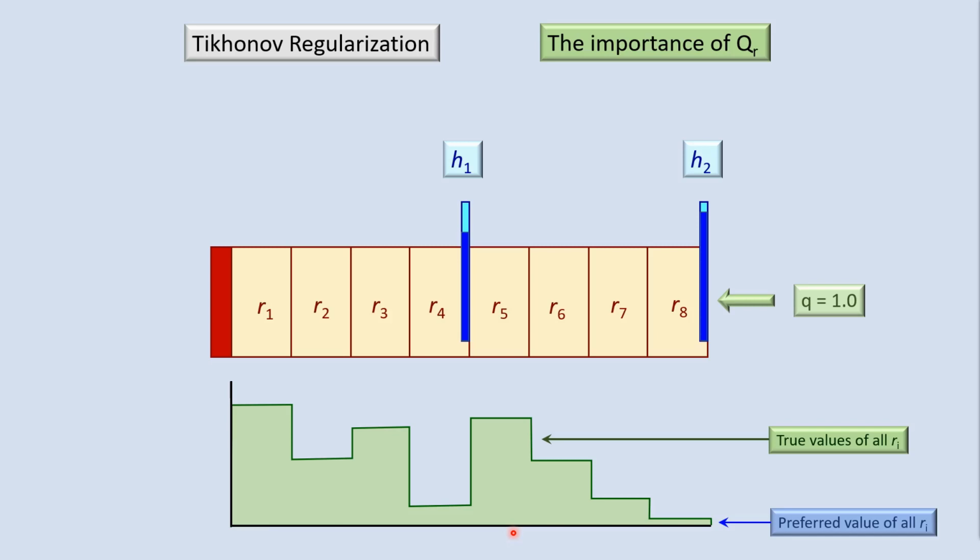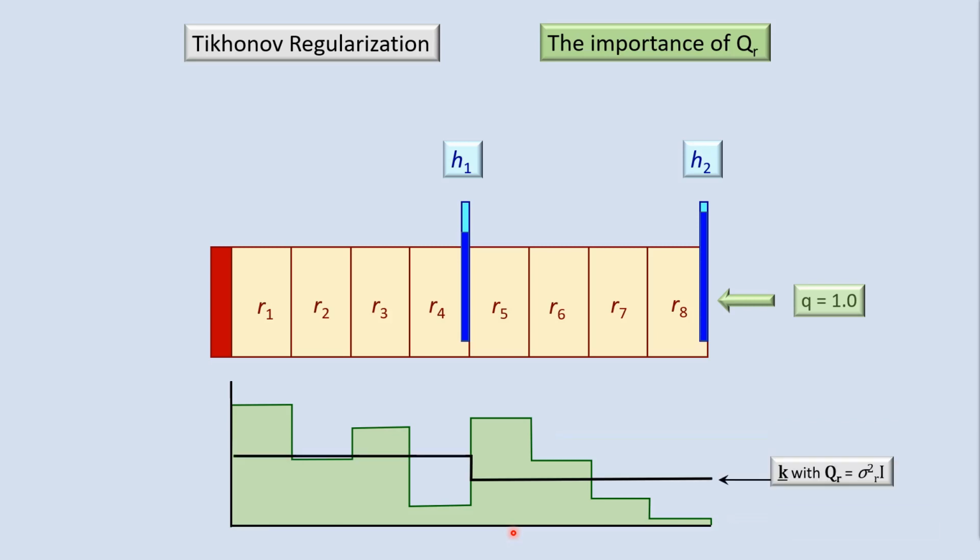Now suppose that I were to use a QR matrix which is simply proportional to the identity matrix. I will probably attain a solution to that inverse problem which looks like this dark line. I'll get the fit I want with the calibration data set.